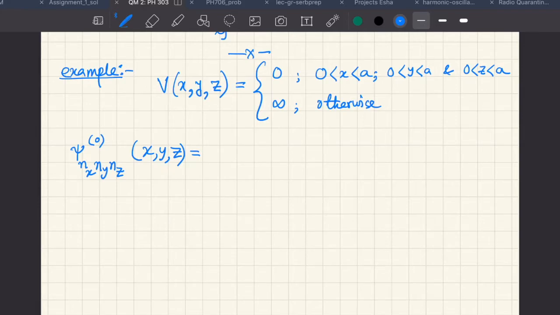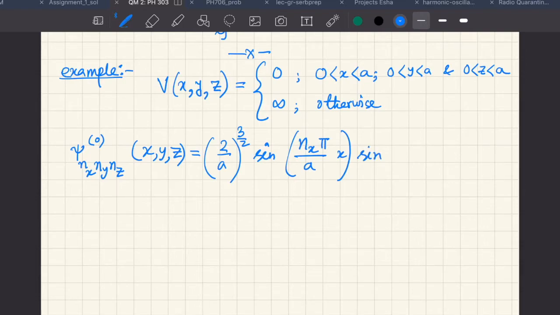Here it should simply be (2 by a) to the power 3 by 2 instead of half, times sine nx pi by a into x, sine ny pi by a into y, sine nz pi by a into z.